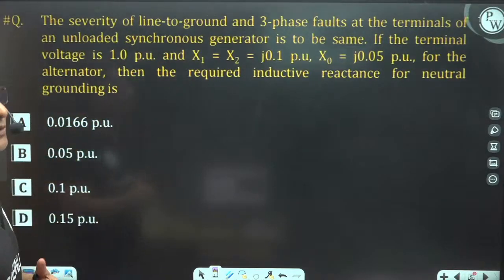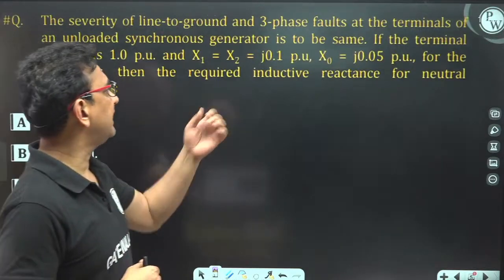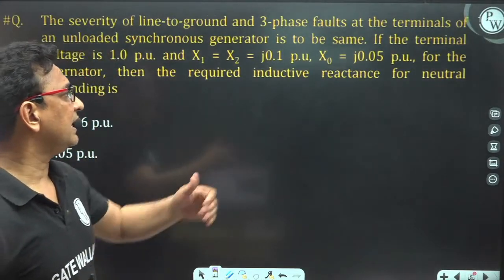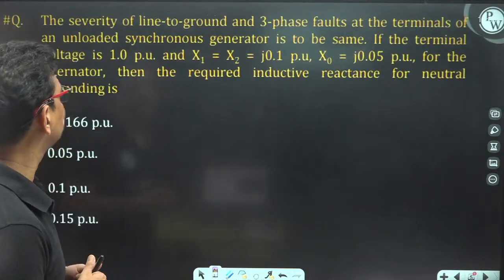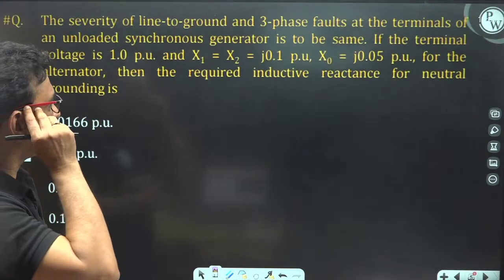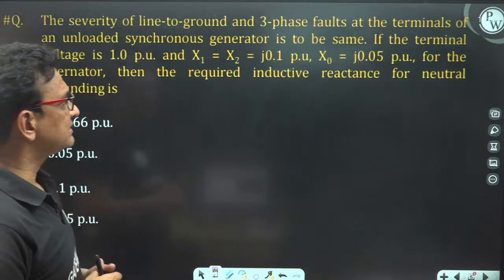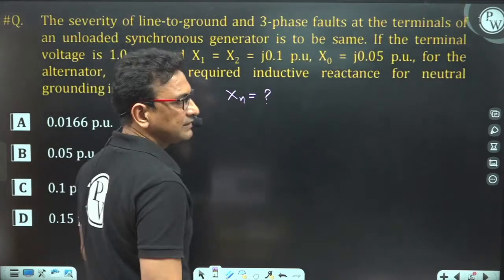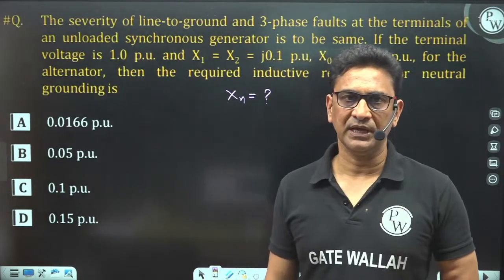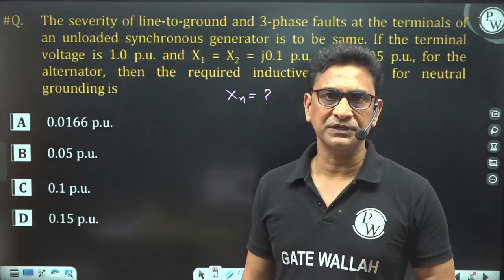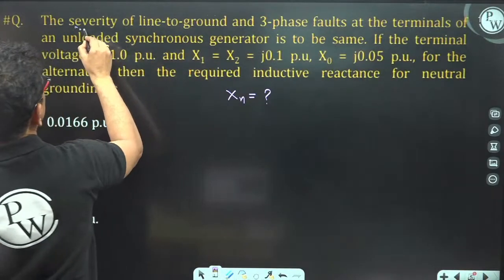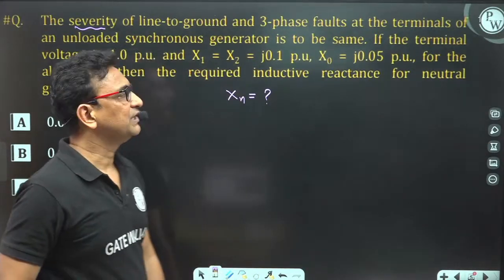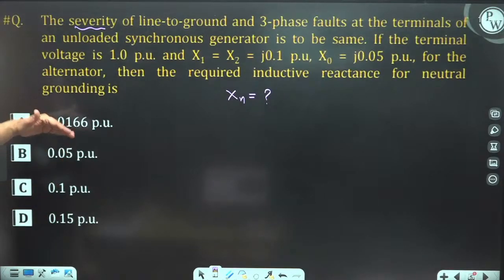If the terminal voltage is 1 pu, which means the nominal voltage, and X1, X2, the positive sequence and negative sequence reactance of the alternator, are j0.1 and the zero sequence reactance is j0.05 pu, then the required inductive reactance for neutral grounding is, that means you have to find the value of Xn, the neutral reactance, so that the fault current during line to ground fault and the three phase fault remains the same, because the severity of line to ground fault and three phase fault is the same. What will be the value of the neutral reactance?